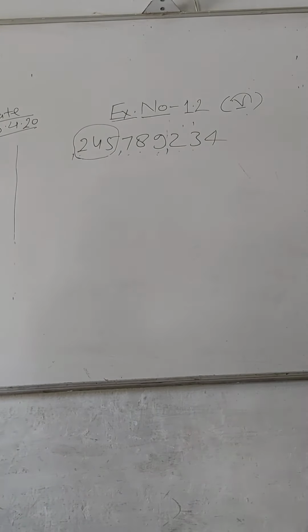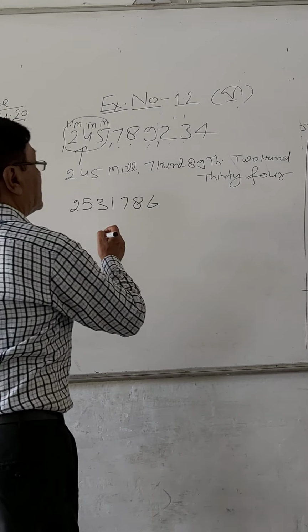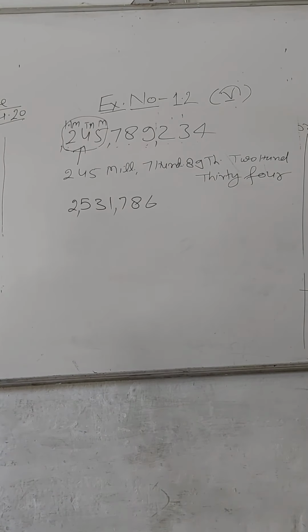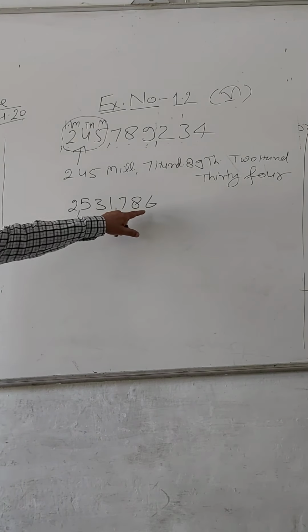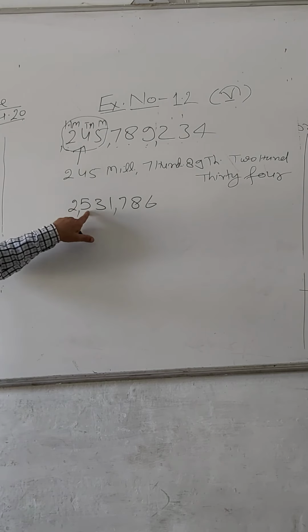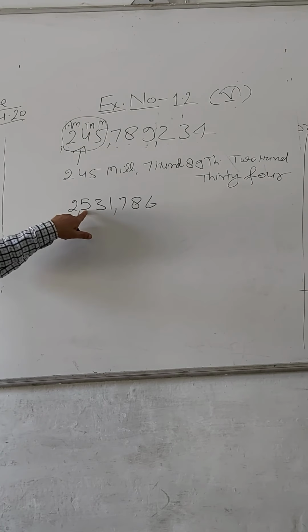So this is the way of reading different numbers in the international system. Take any number, 2531786. You have to put the comma and after that read according to the international system. So here this way you will put the comma. Now read this. Here on which place is it coming? This is the 1000, 10,000, 100,000, then million.